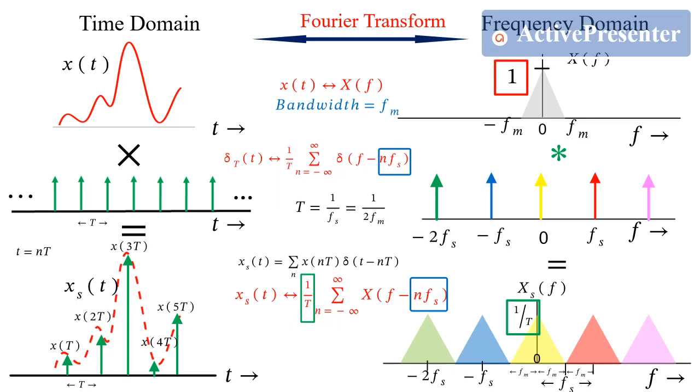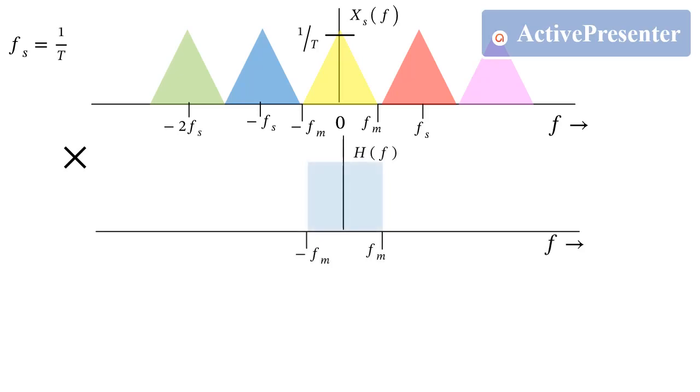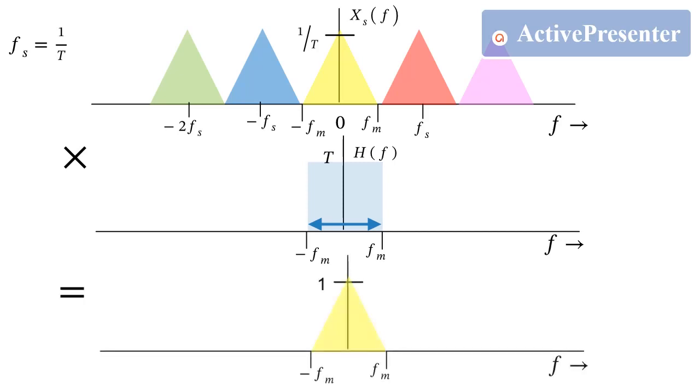For this, we pass the entire spectrum through a low pass filter with cutoff frequency of Fm. The gain of this filter should be kept as capital T so as to compensate for the magnitude that was scaled by 1 over T. This filtering of the yellow spectrum using a low pass filter can be thought of as multiplication of the entire spectrum with a rectangular pulse of width twice Fm and height T. The spectrum thus recovered is exactly that of the continuous time signal x(t).